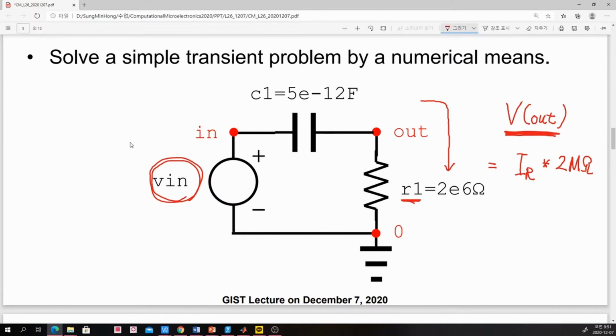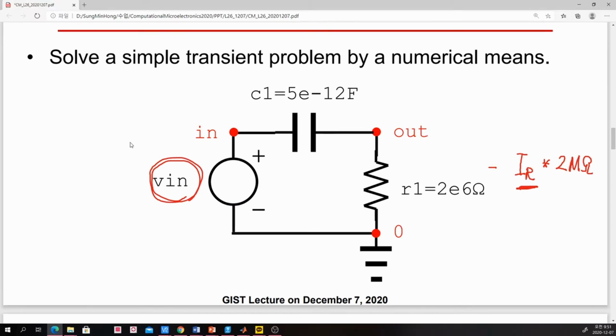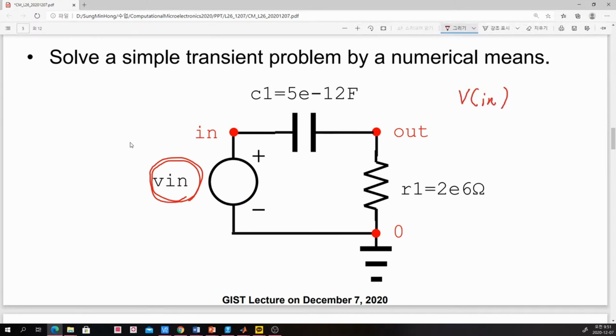So in this case, your output voltage can be regarded as just the resistor current. Now our input output relation just becomes our input voltage and resistor current relation.